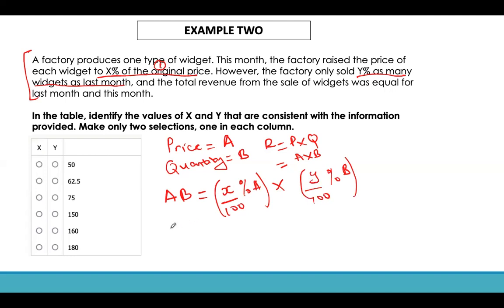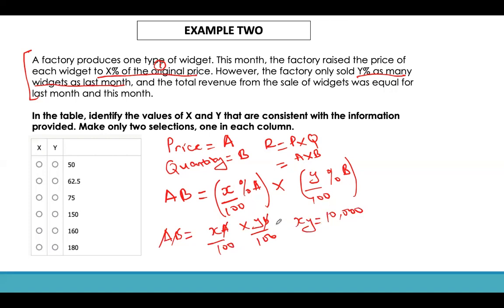So simplifying this equation, AB will be equal to XA over 100 multiplying YB over 100. If we cross multiply this, the A and B will cancel out, and we'll have XY equals 10,000. All right, simple math.